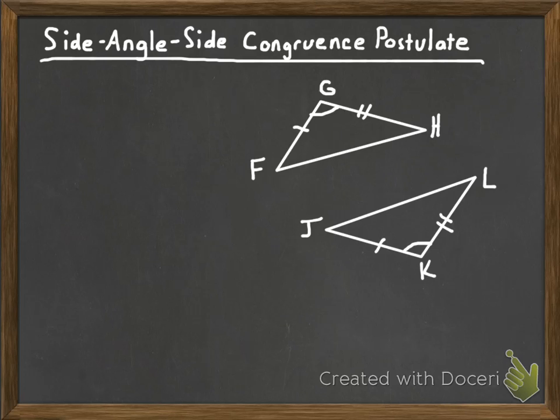And so I'm going to write that in terms of the pictures that you see right here. You can see that I have two triangles of which I have two pairs of sides that are congruent to one another, and the included angle of those sides here is congruent to the included angle of those sides on the other triangle as well. Alright, so those two triangles have to be congruent by SAS. Let me write that out in words using the figures here in this picture.